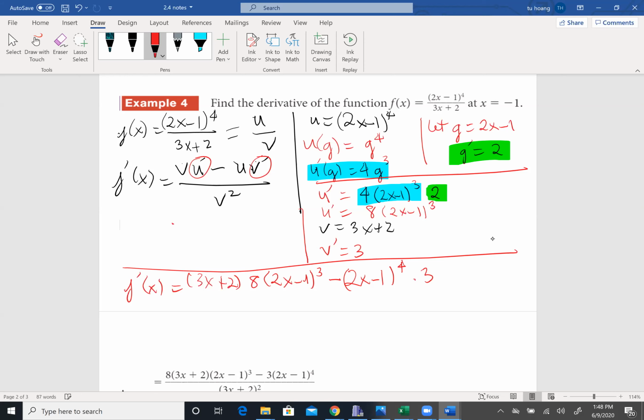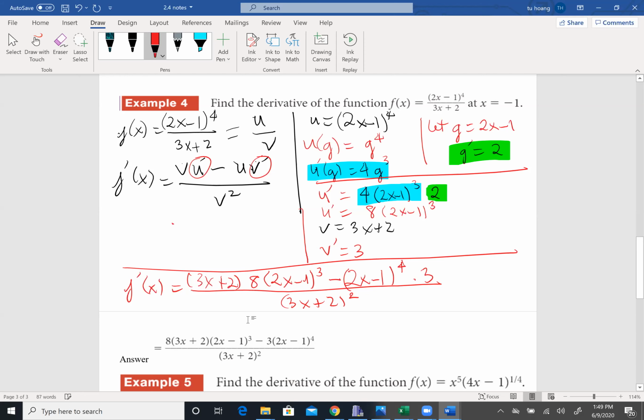Okay, so you will have divided by v squared, so 3x plus 2 squared. And as you see, if you want to make it neater, the answer should be 8 times 3x plus 2 times 2x minus 1 to the power 3, minus 3 times 2x minus 1 to the power 4, over 3x plus 2 squared.